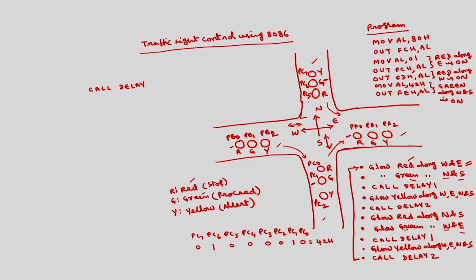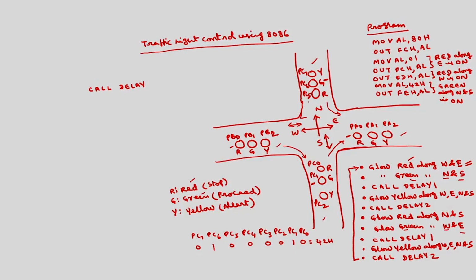Then you have to glow yellow along all the directions, so that vehicles crossing from north to south and south to north are alerted. Red is going to glow along these two directions, and for the people along west and east it is a signal that it is going to be green in a short duration. So, I have to glow yellow along all 4 directions.